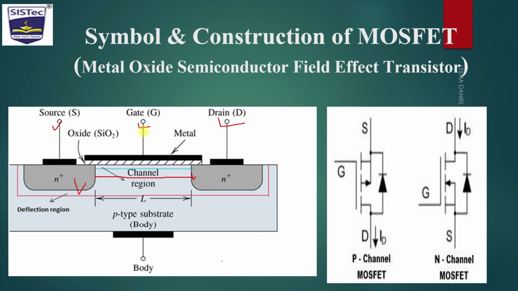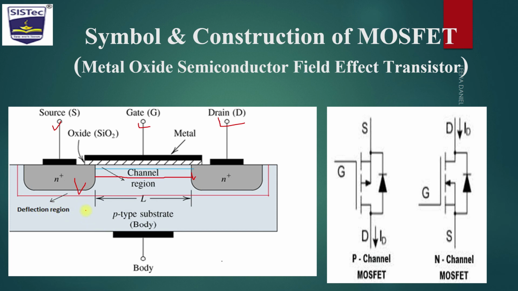And if we increase the VGS voltage, VGS meaning the voltage between the gate and source, if we make this voltage more positive, the induced N channel becomes deeper and more current would flow from drain to source. This shows the drain current ID enhances by gradually increasing the gate voltage.